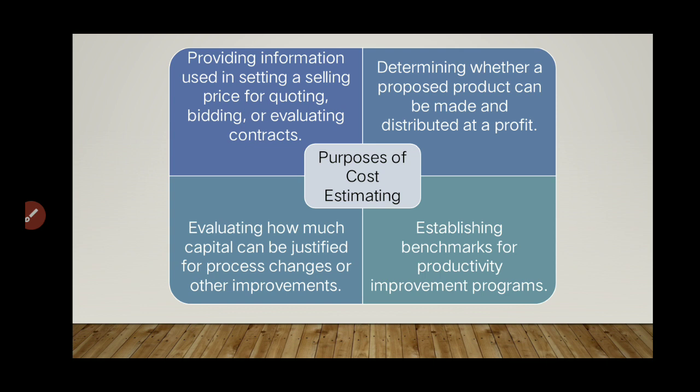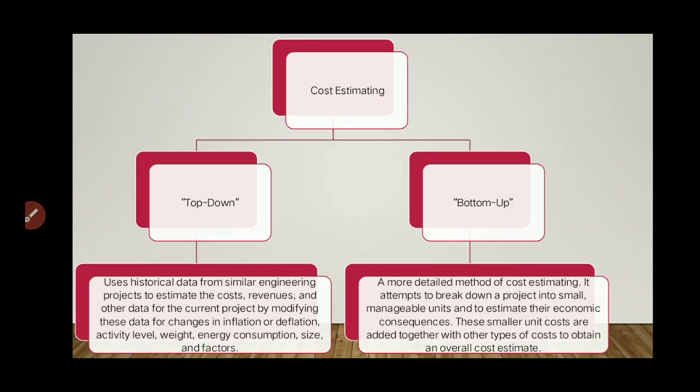So, may record ka na, may basehan ka na for future improvement. Now, we have two types of cost estimating. Una, yung top-down. It uses historical data from similar engineering projects to estimate the costs, revenues, and other data for the current project.